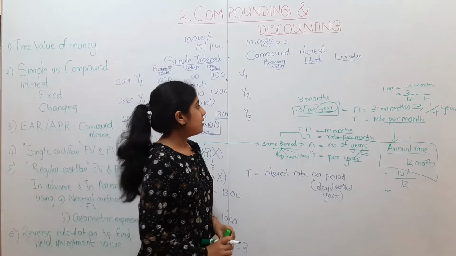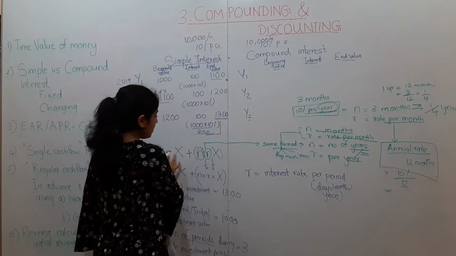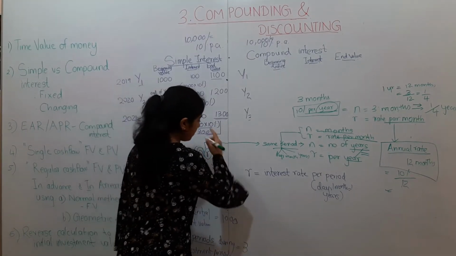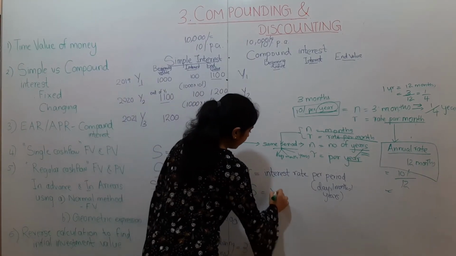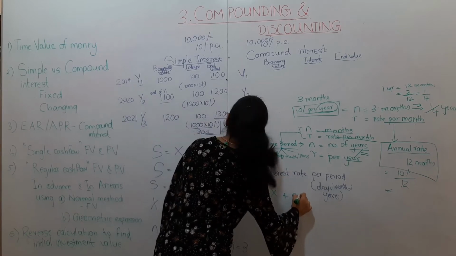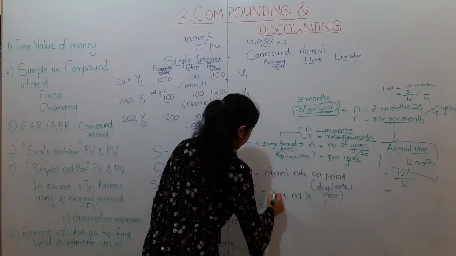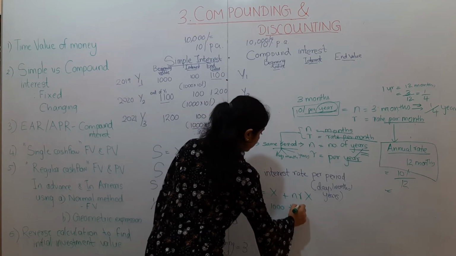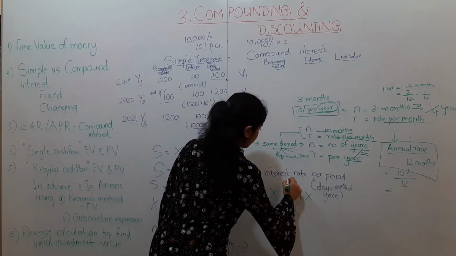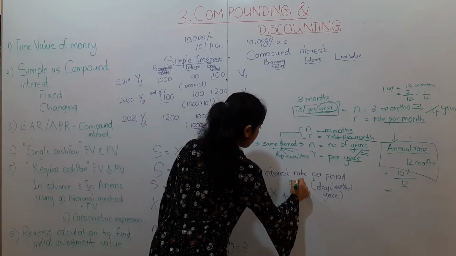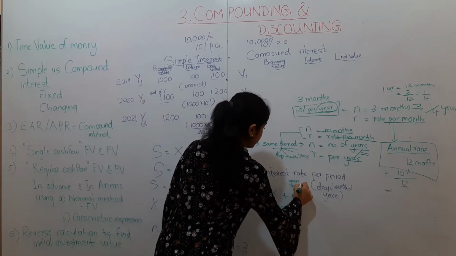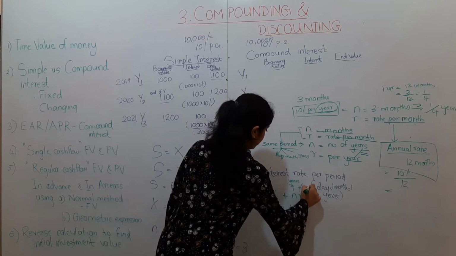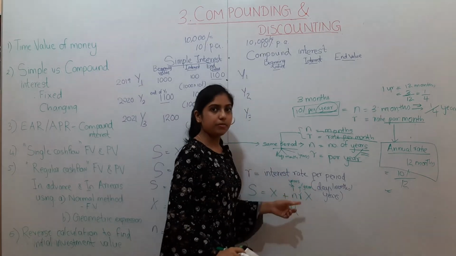Alright. So if you are to apply the above figures to this formula, S equals x plus nRx. X is the initial value of 1000 rupees. N is the number of years they have given. Now I want the interest rate per year, not per month or anything.